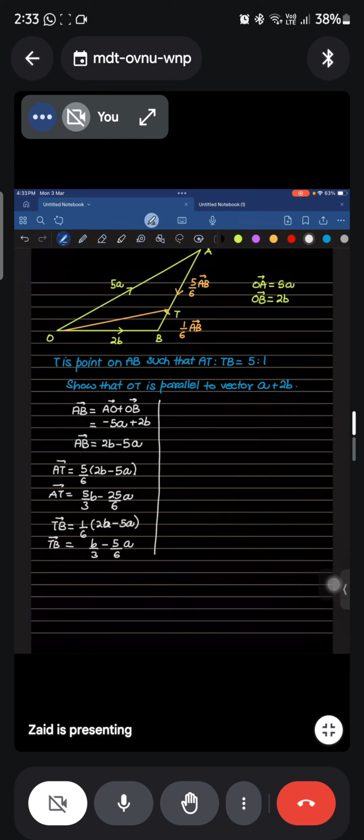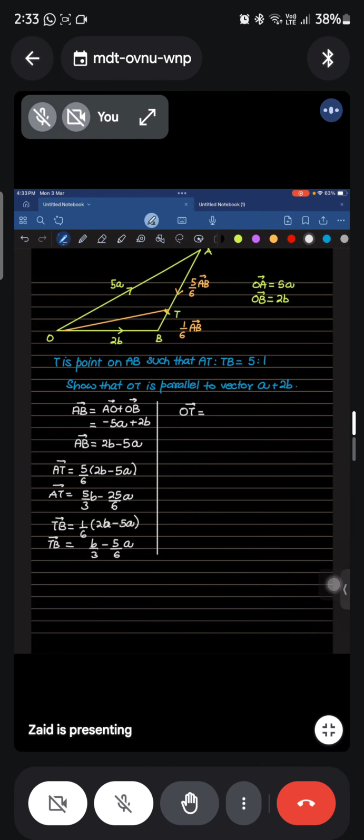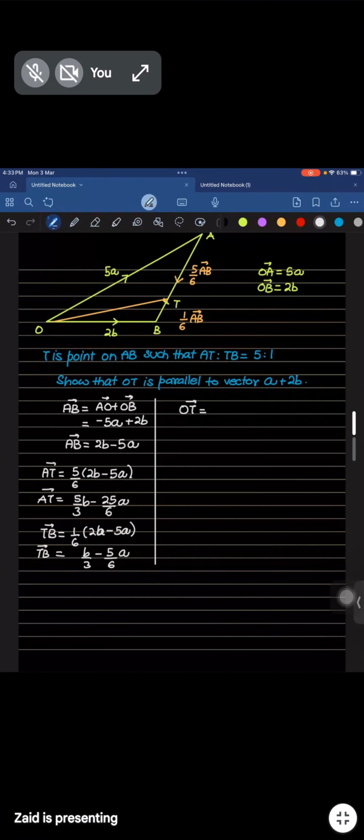Okay. Now what we need to do: these are the values we have got for AT, so are we getting anything common? Let's try to take commons as well. Okay. So make an expression for OT. OT equals OA and AT.